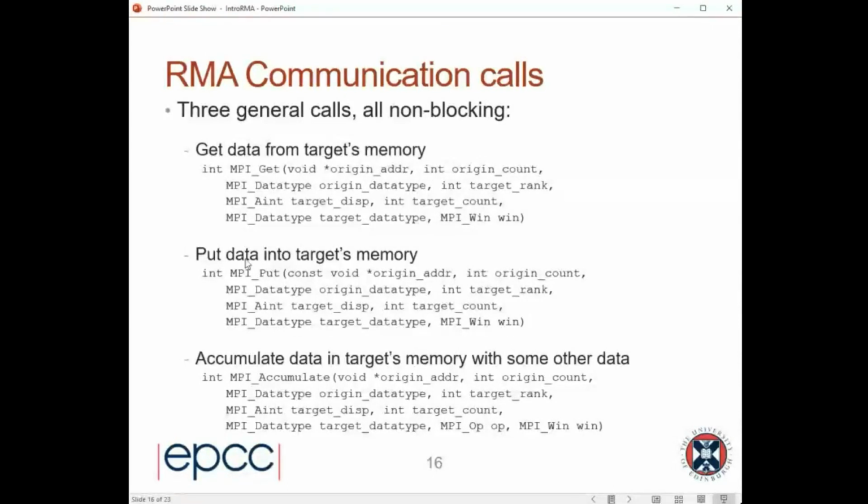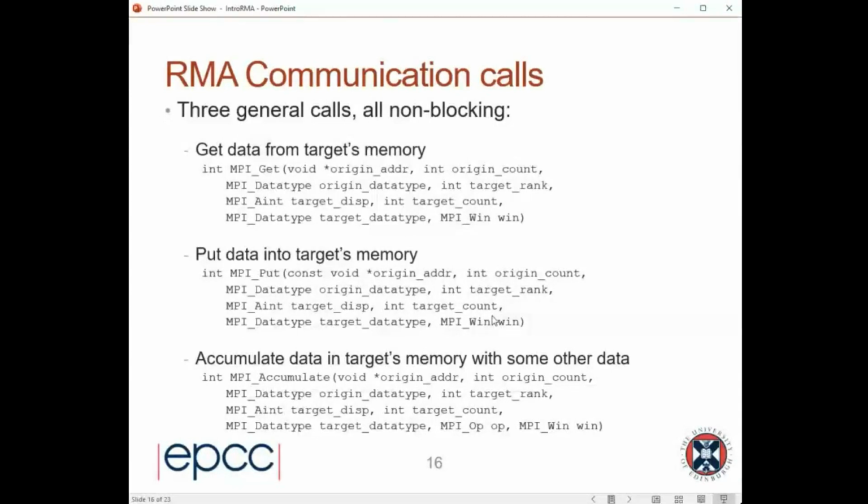If you look, the prototype from MPI put is identical, okay, but here the data goes from the window on the target rank to the origin address on the calling process. Here the data goes from the origin address on the calling process to a particular place in the window on the target.